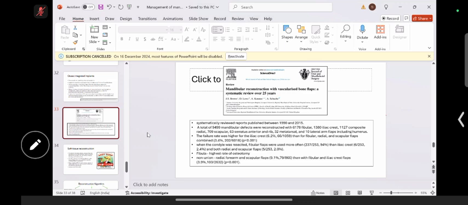Yes, the fibula has remained the workhorse for mandibular reconstruction, but it may at times not be the only option which we should rely on.